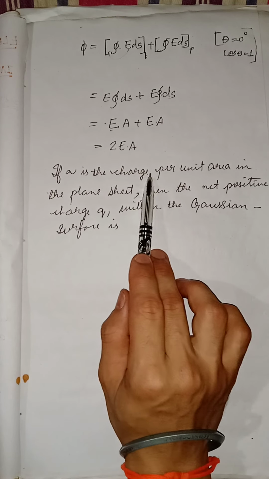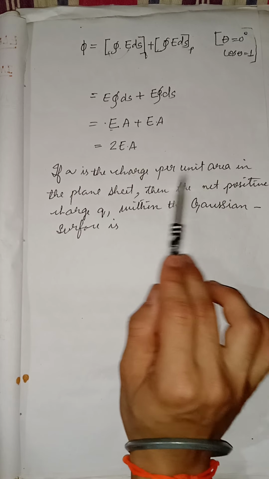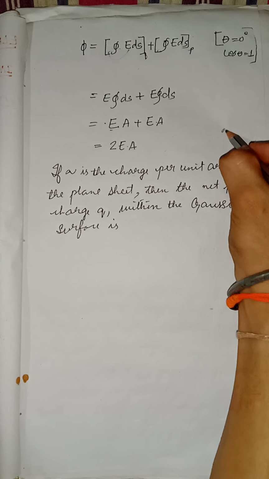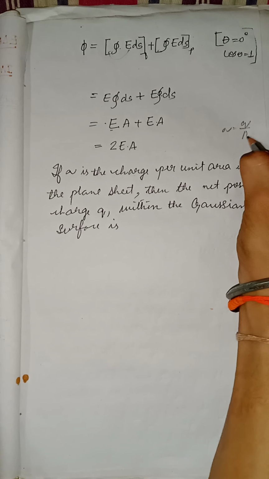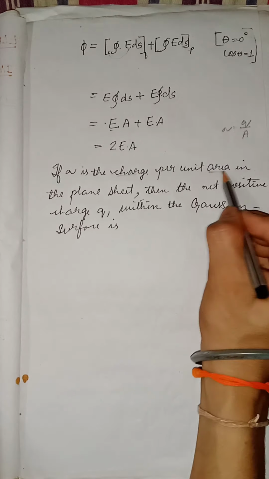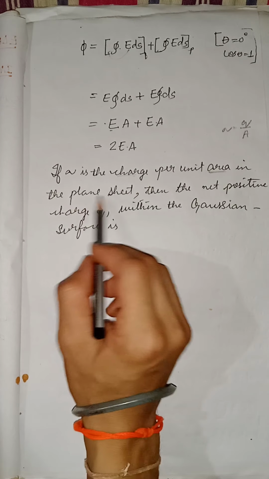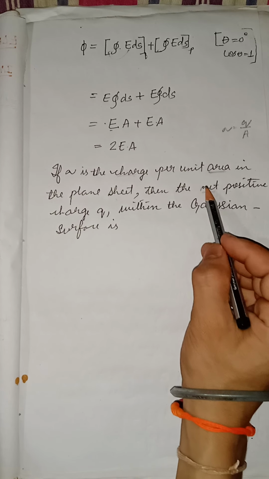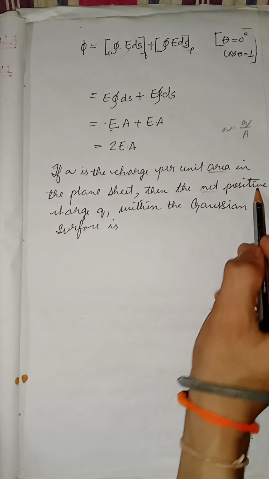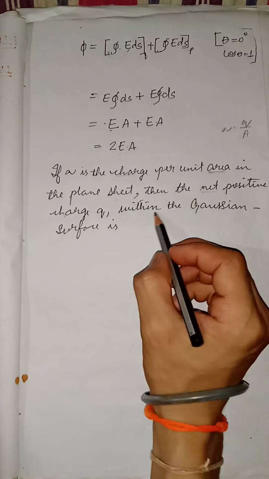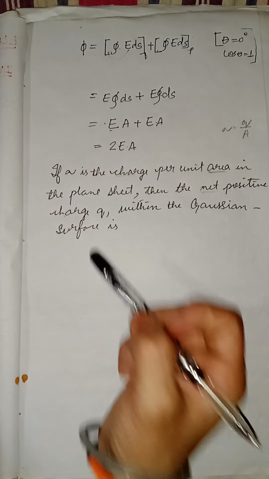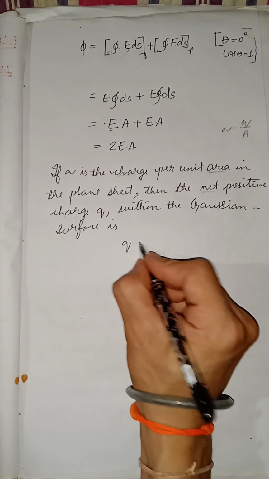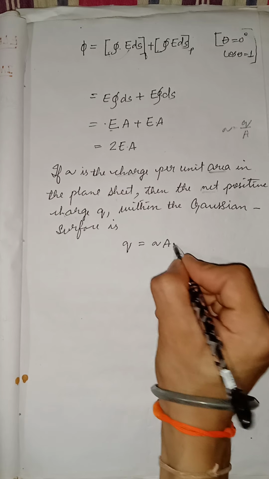So if sigma is the charge per unit area in the plane sheet, sigma equals q by A. Net means resultant, so the net positive charge q within the Gaussian surface is, if we cross multiply, q equals sigma into A.